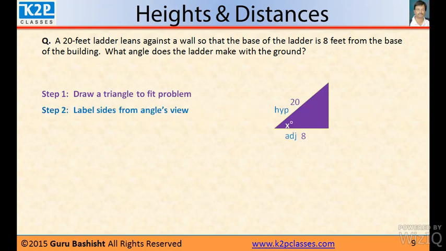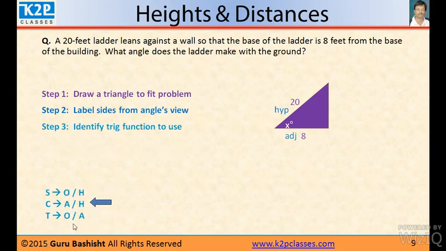So adjacent and hypotenuse. It is cos. So the first step is to draw a triangle to fit the problem. Label sides from the angle's view. From the angle's view, this is adjacent. If this is the angle, then this will be the opposite side. Then identify the trigonometrical function to use. So here we have identified cos.